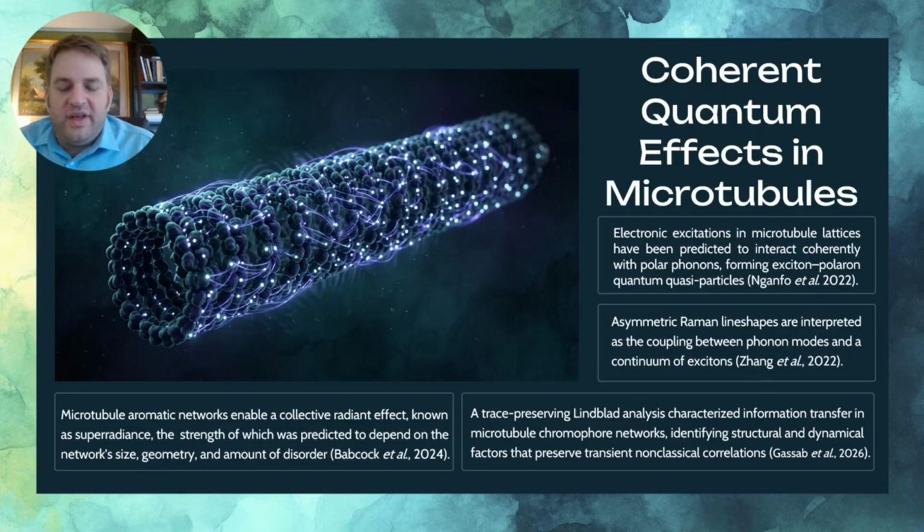And that kind of interaction between the excitonic state and the mechanical vibrating state of the polar microtubule would be necessary in order for the microtubule to act as an optomechanical device, a light system that responds mechanically to light in a way that a physicist would consider interesting.